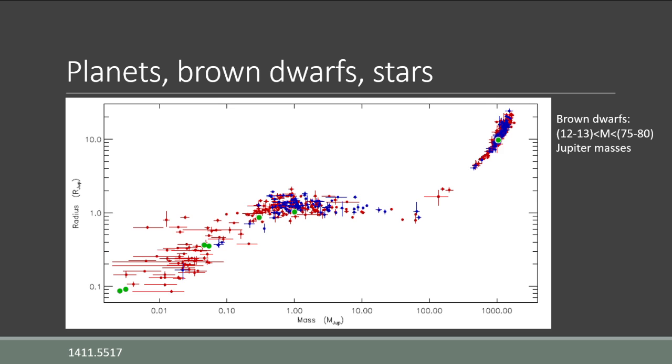Another thing is to define what a planet is. And this plot will help us to do that. In the very beginning, I have to tell you that these funny numbers you can find on nearly every slide of this presentation are related to numbers of papers in the archive on the website arxiv.org, and the first four digits represent the year and the month.